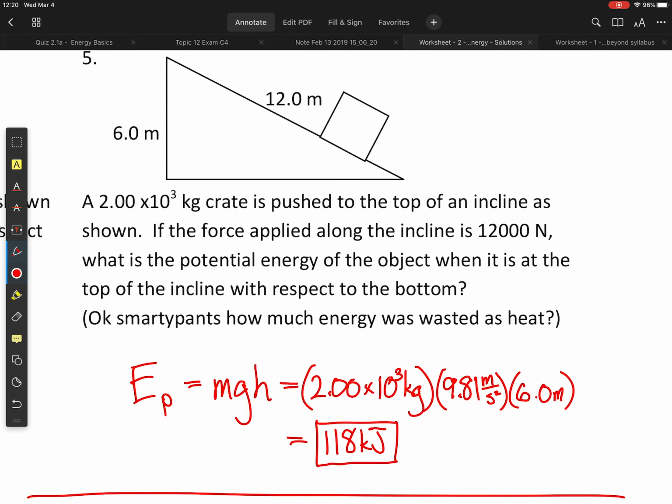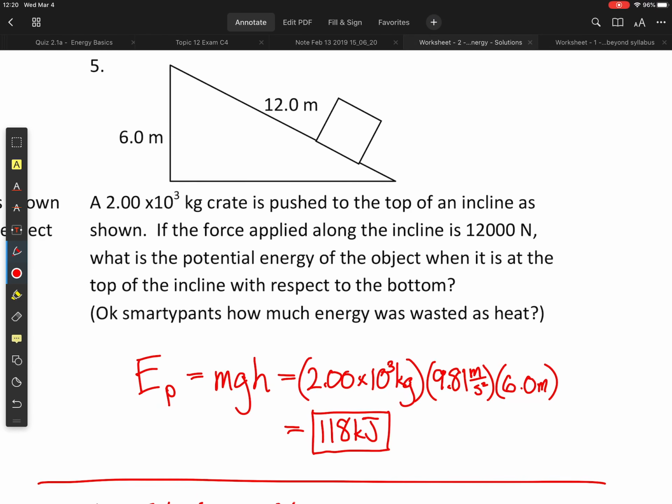Here again, all we're interested in is the height. We're not really interested in the hypotenuse, the length of the slope. Our height gives us our potential energy, and here we go again. One last time, one very simple calculation.